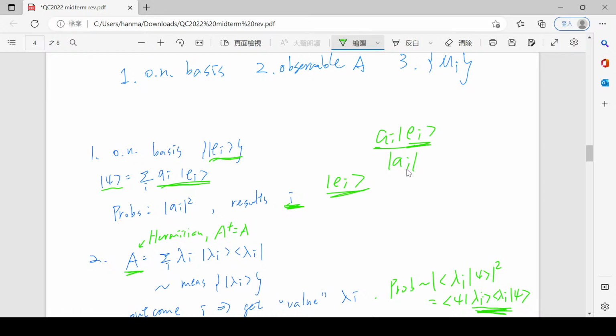Yeah, but let me just check. So you are saying there is going to be a global phase, but yeah, I think it should be global phase most of the time.